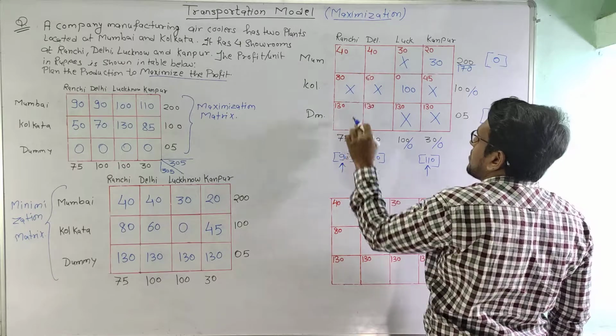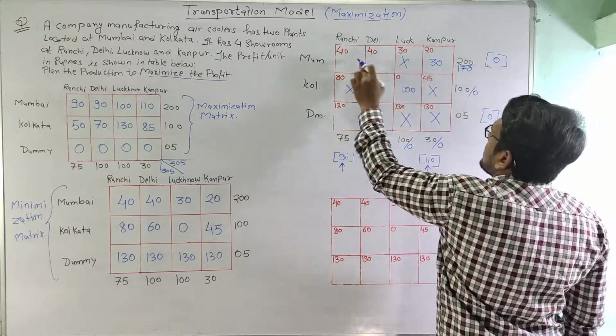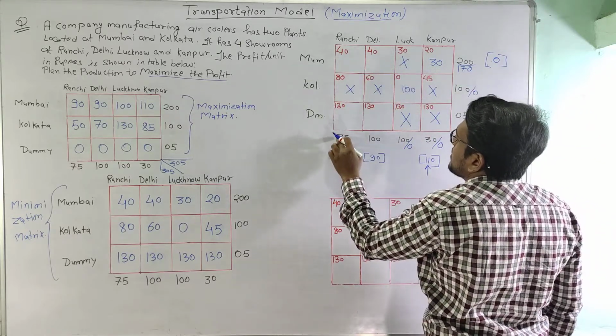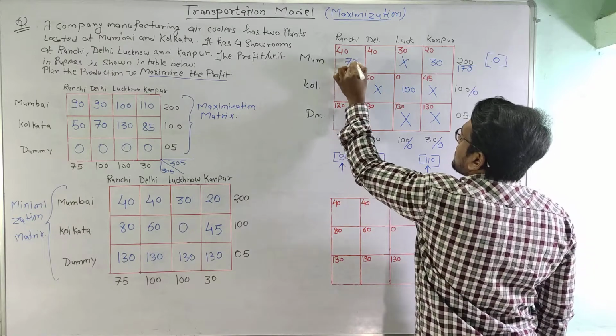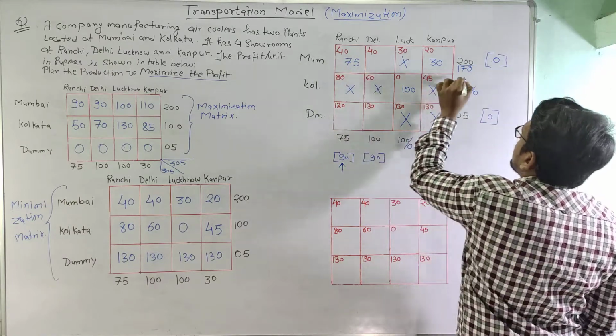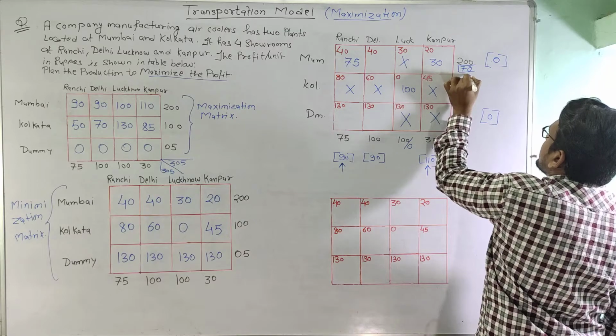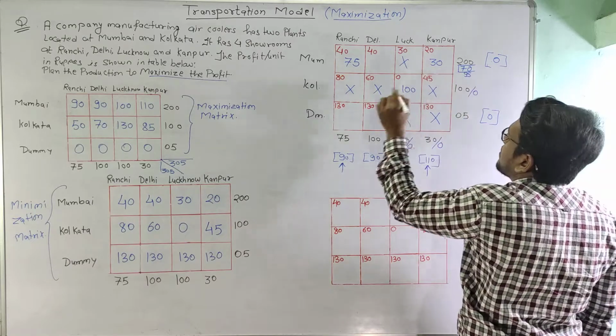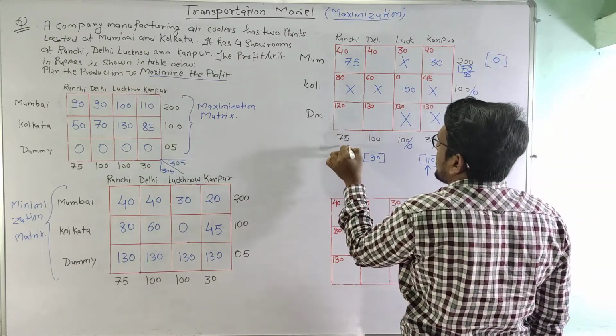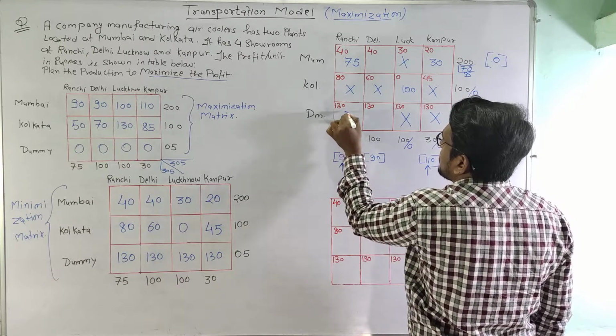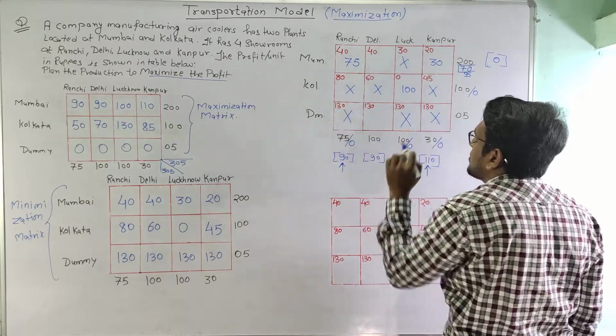So out of 170 I can allocate 75. That means 75 has been allocated here, and this has been reduced to 95. Now once this has been allocated, no more allocation can be done in this row.